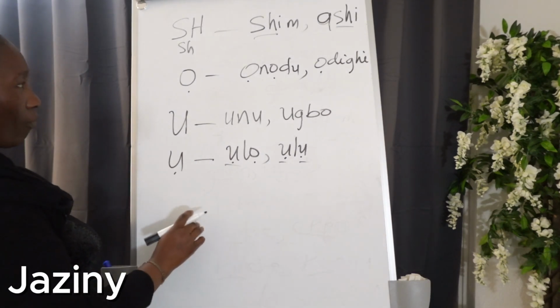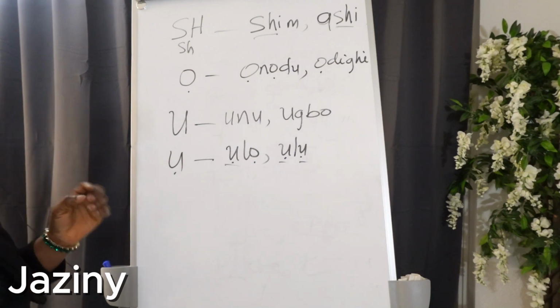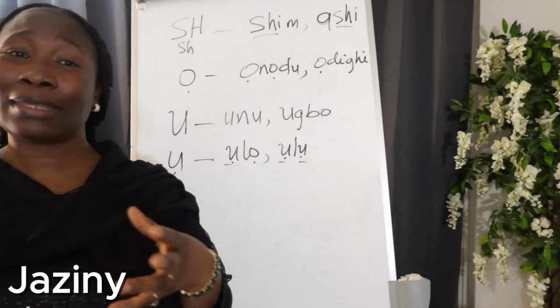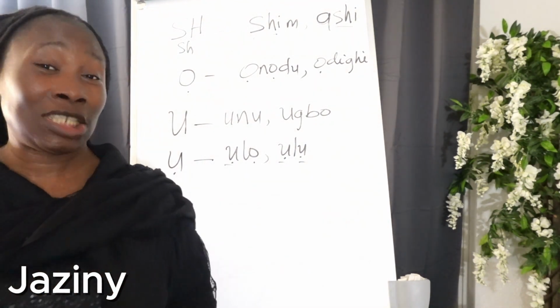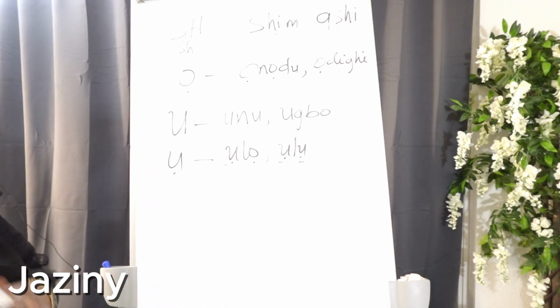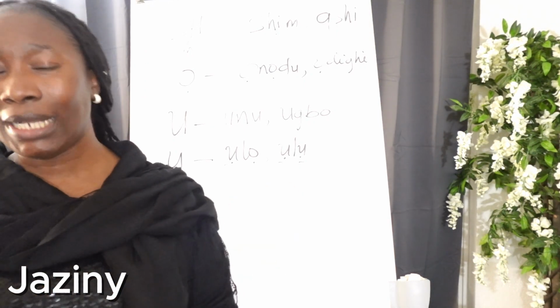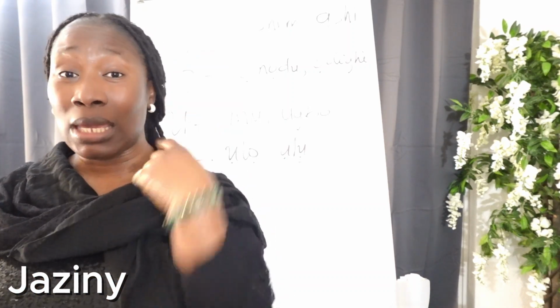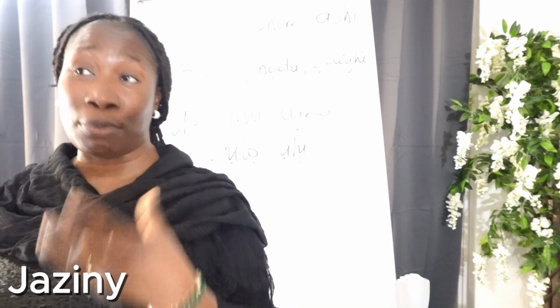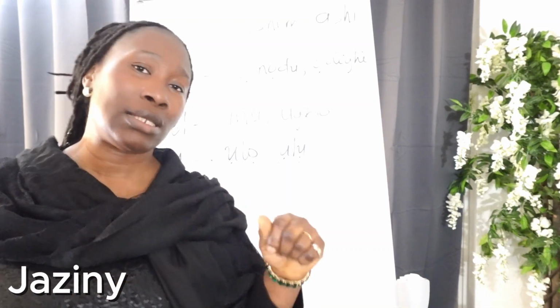Okay. I picked these ones out because they look unique and different from the English alphabet. I don't want to continue because it's already long. I need you to go through the first lesson, the Igbo alphabet, the Edemede Igbo, which we said is 36 in number. You should be able to identify them. You should be able to read them. You should be able to know when they are complete. If any one is missing from the 36, then it's not complete.